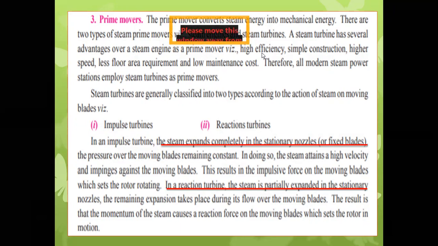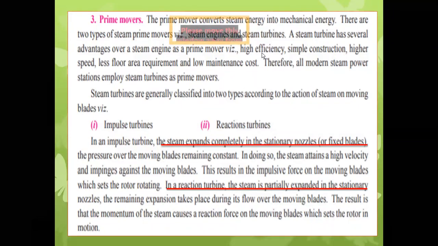In the sense that it will save the total area which is required, and it has a low maintenance cost. So by listing these various advantages of the steam turbine, we generally use the steam turbine, sorry, instead of the steam engine. Therefore all modern steam power stations employ the steam turbine as a prime mover.